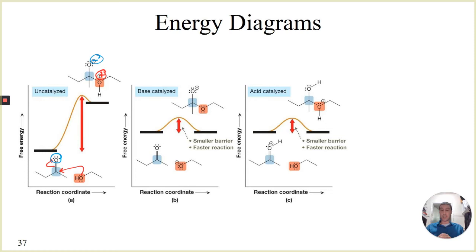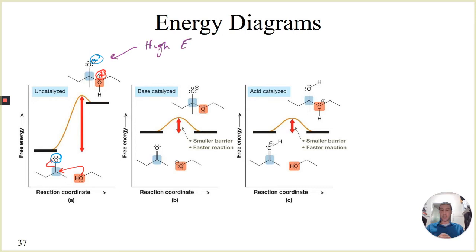Okay, so we end up with an intermediate that is massively charged. And if we think back to our reactivity of things, charge drives the energy up high. Okay, so that's going to be an exceptionally slow reaction. So what we can do is adjust the barrier by trying to make sure that we don't form such a stupidly high energy intermediate.